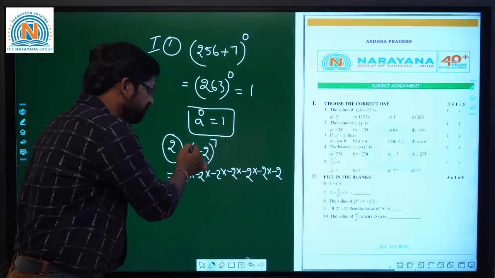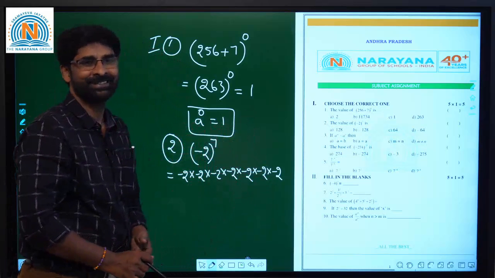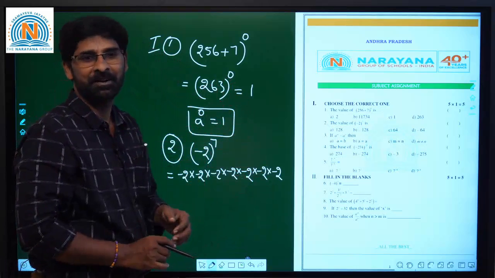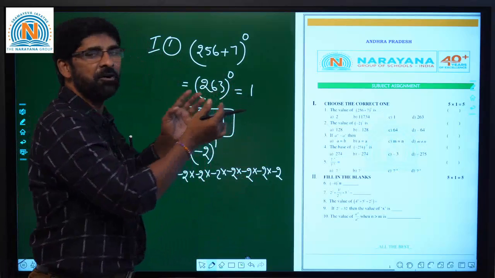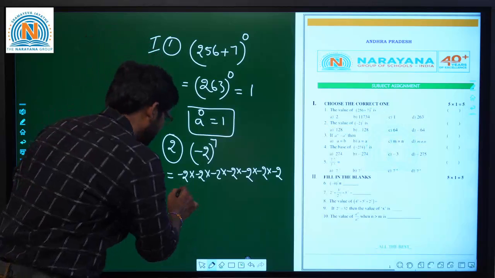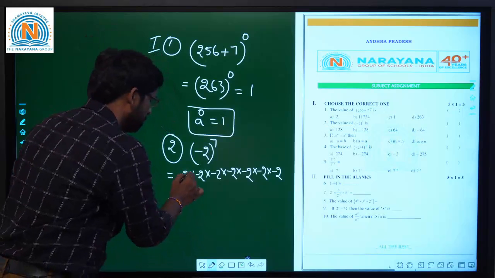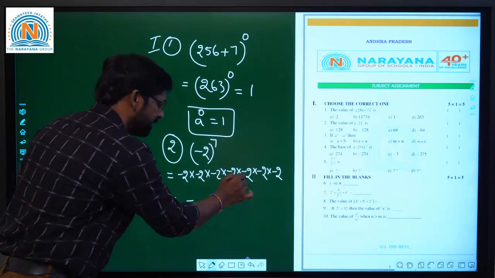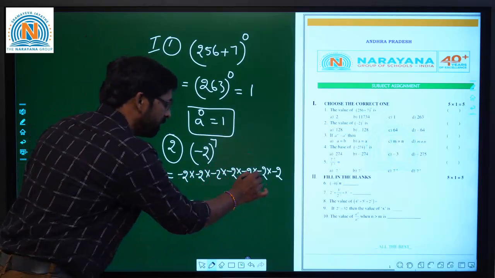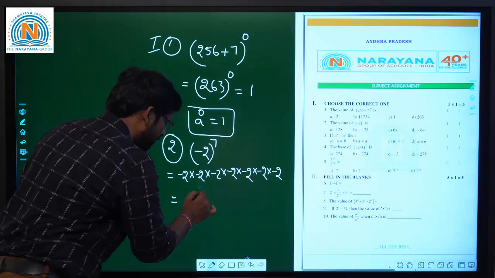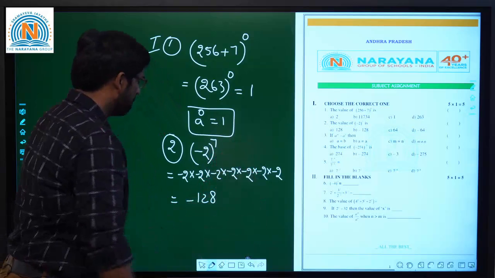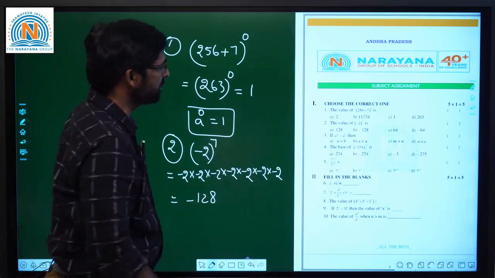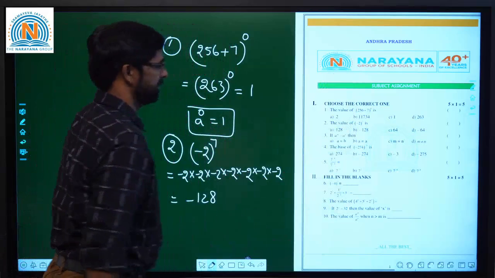Why? Because here the exponent is an odd number. So negative whole to the power of an odd exponent gives a negative value. 2 2s are 4, 4 2s are 8, 8 2s are 16, 16 2s are 32, 32 2s are 64, 64 2s are 128. So minus 128. Which option? Option B is correct.